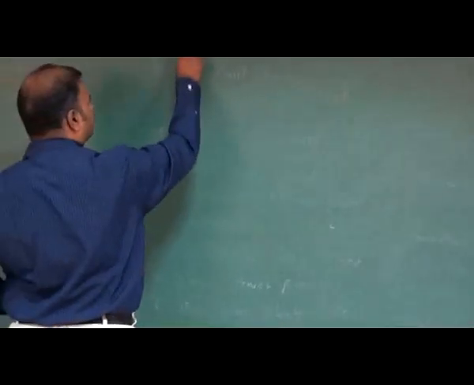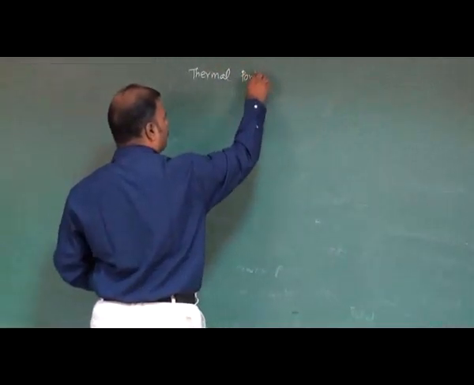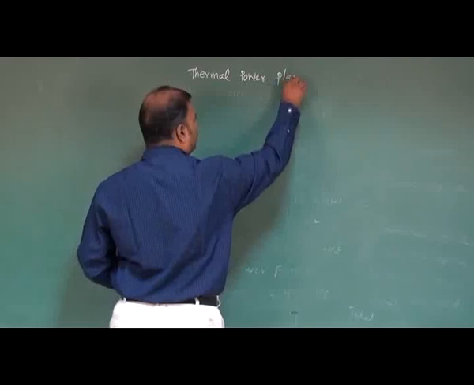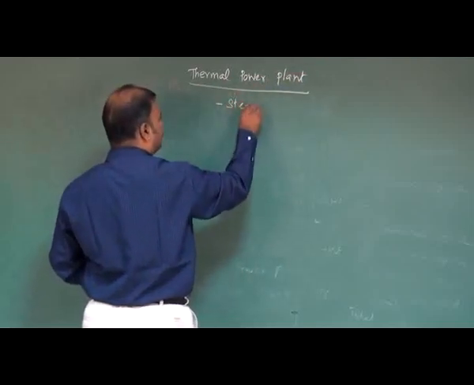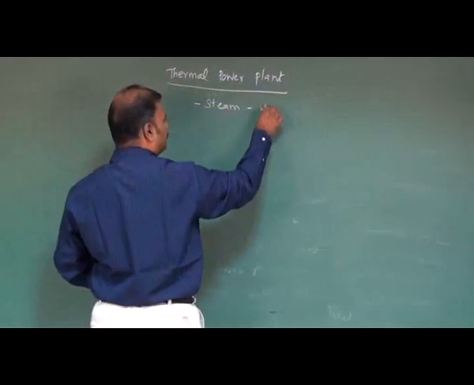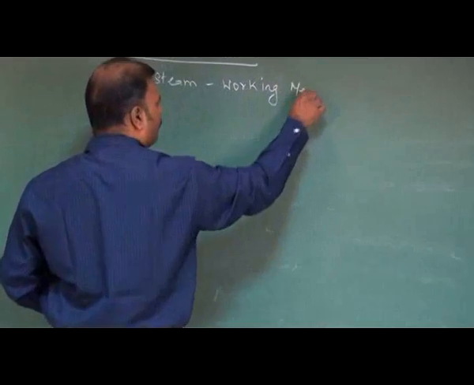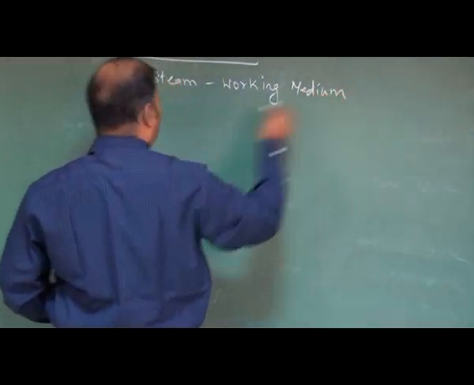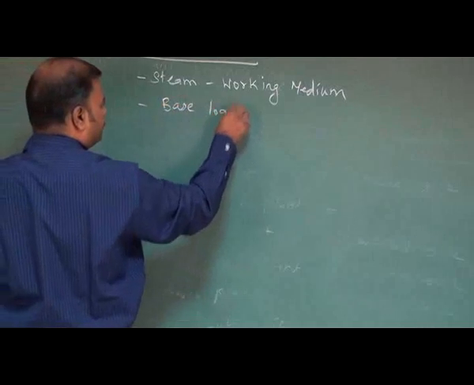So the first power plant is thermal power plant. Thermal power plant is also called steam power plant because steam is the working medium, and it is also called base load power plant.